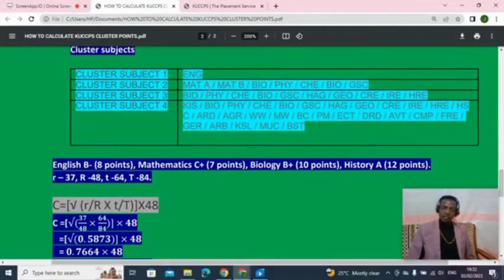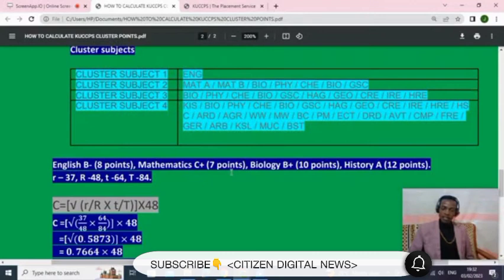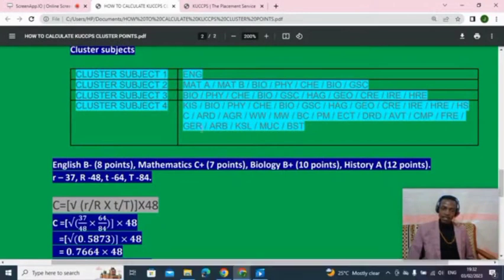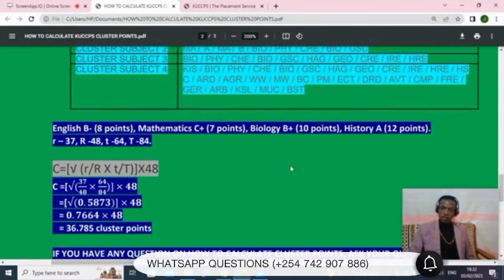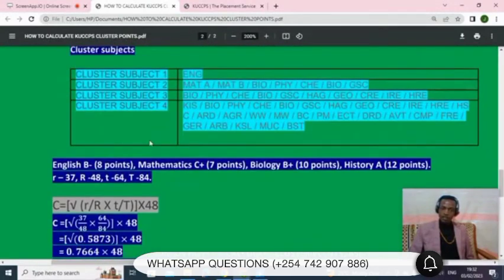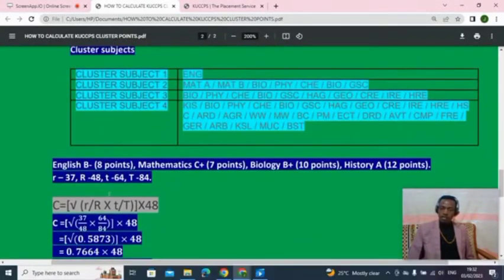Here we add mathematics, that is C plus, that is 7 points. In cluster subject 3, because in cluster subject 2 I haven't added science, I will add science in cluster subject 3. And I have decided to add biology, that is B plus of 10 points. In cluster number 4, we have history, that is A plain of 12 points.